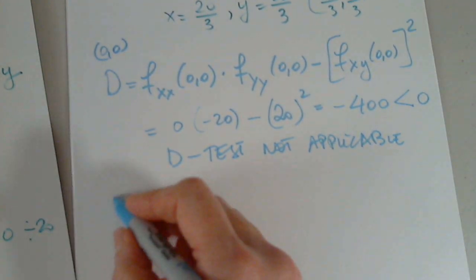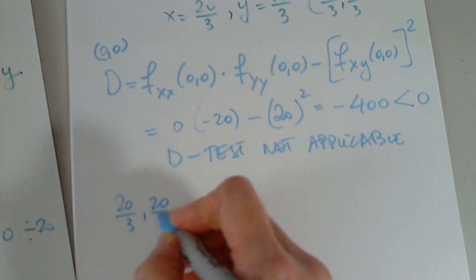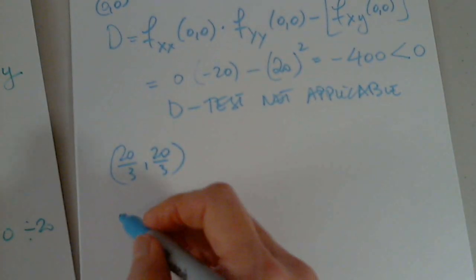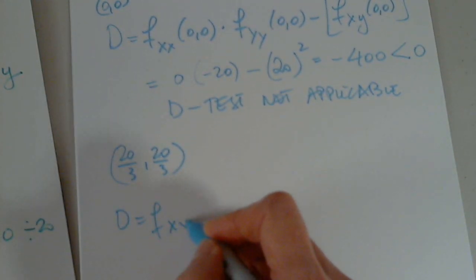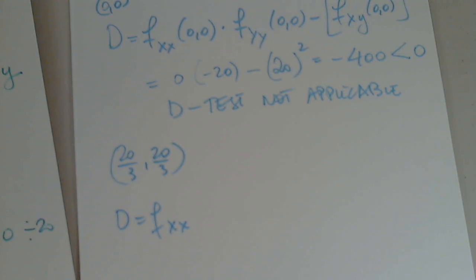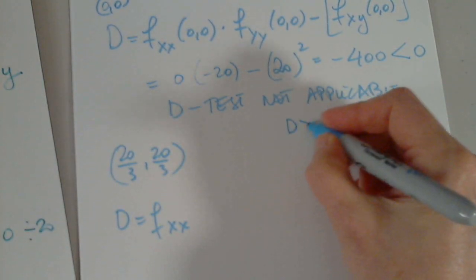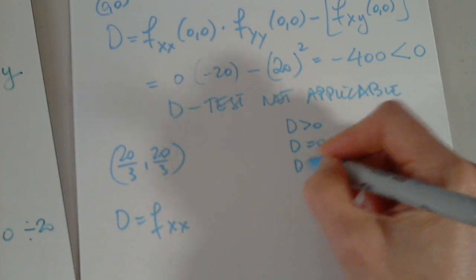Okay, now for (20/3, 20/3). For the first one, why wouldn't it be applicable, like the D-test? So there are three possibilities: D to be positive, D to be 0, and D to be negative.